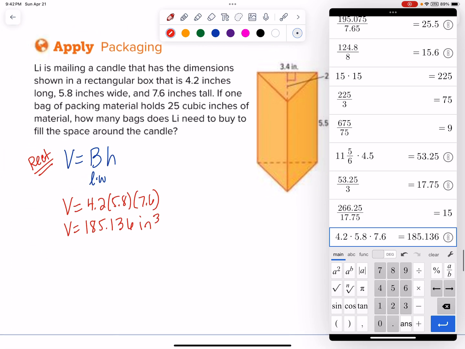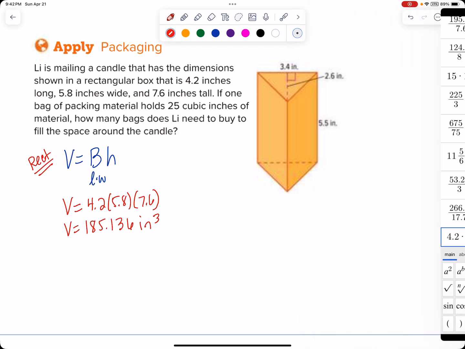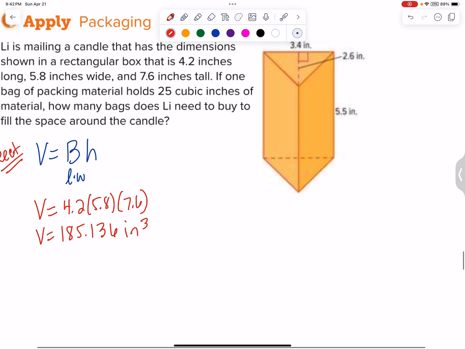All right, let's go ahead and do this triangular prism. Triangular prisms are still the same formula. So I'm just going to label this as triangle. So we have volume equals big B times H. Big B is just different for a triangle, right? Big B is 1/2 base times height. So let's go ahead and fill this one out.